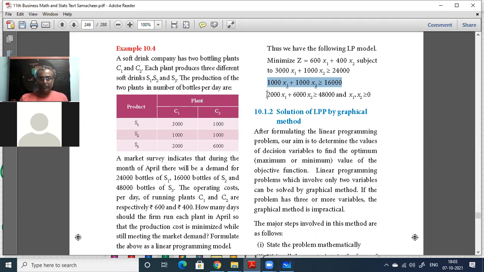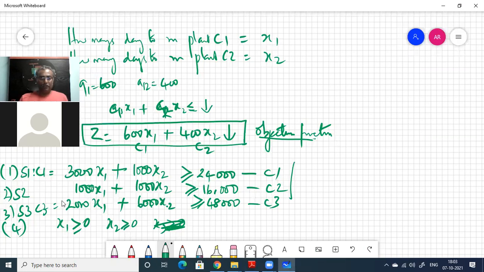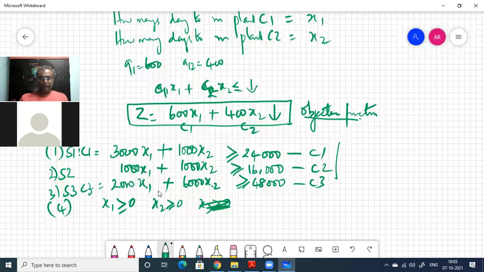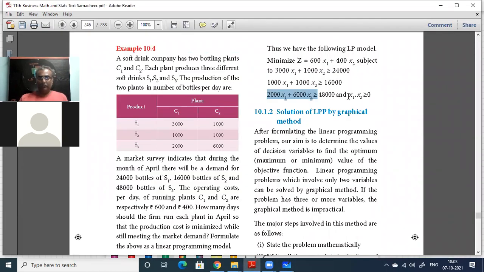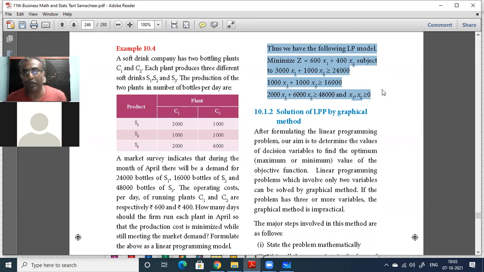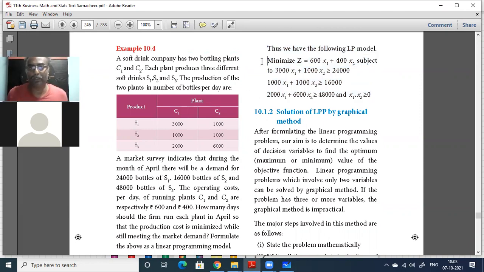Third one is 2000 x1 plus 6000 x2 greater than or equal to 48,000. Then the fourth condition: x1 and x2 are greater than or equal to 0. That is also there. We have found the complete model. The following is the LPP model: minimize Z subject to these constraints. This is the whole answer.